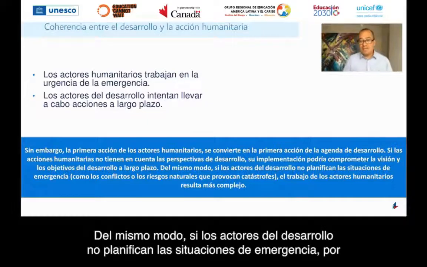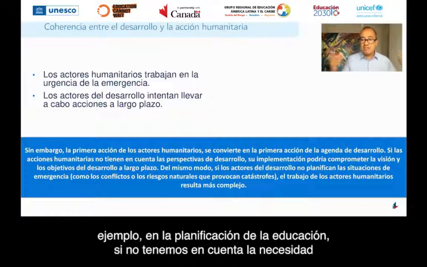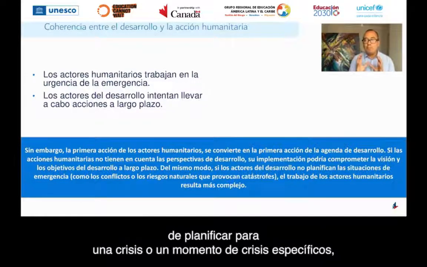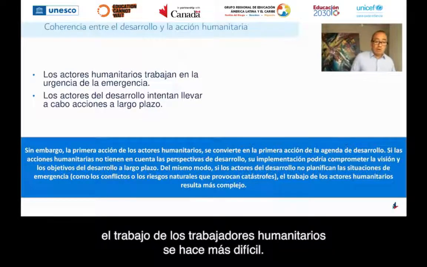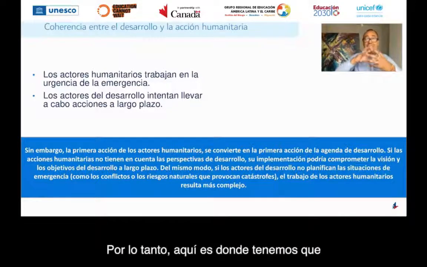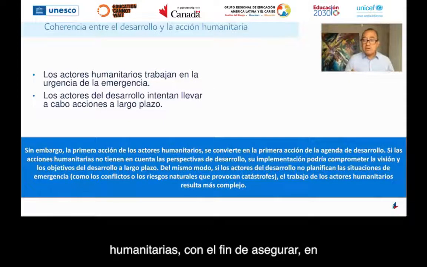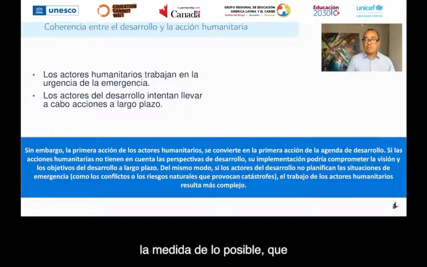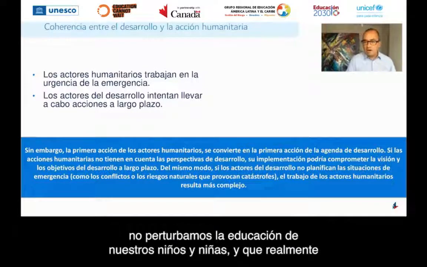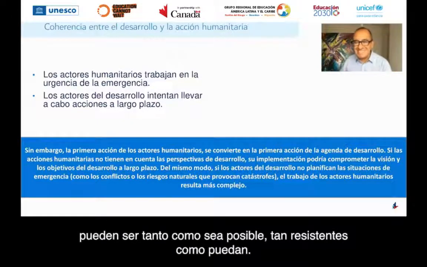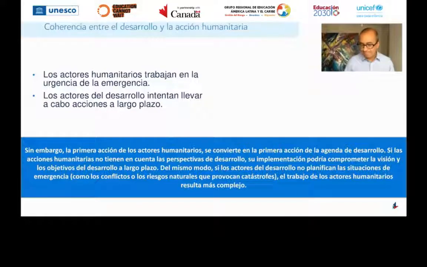Similarly, if development actors do not plan for emergency situations, so let's say in our planning of education, if we don't consider the need to plan for specific crises or moments of crisis, the work of the humanitarians becomes more difficult. So this is where we need to link both development action and humanitarian action in order to secure, as much as possible, that we don't perturb the education of our kids and that they can be as resilient as they can.